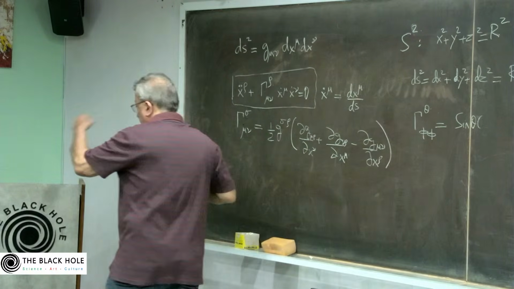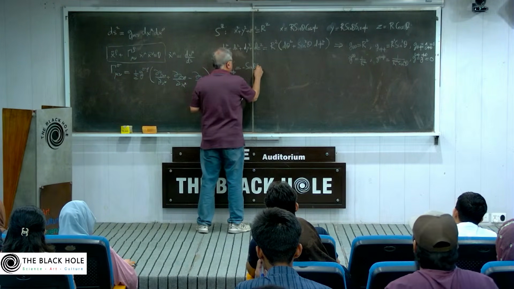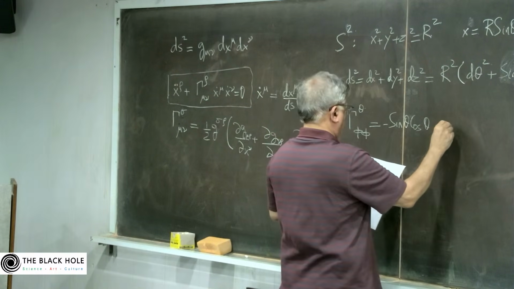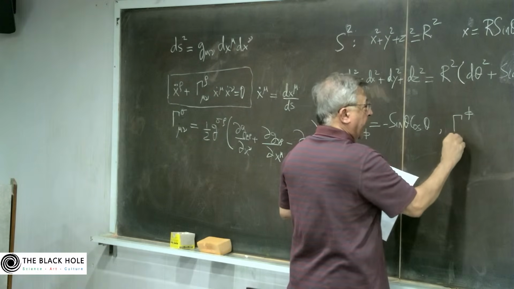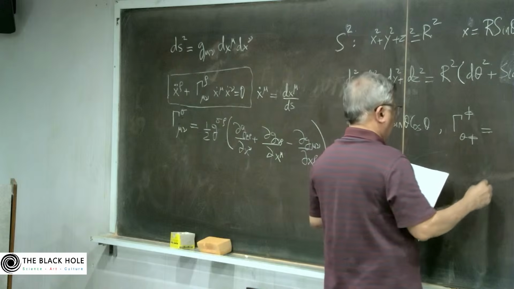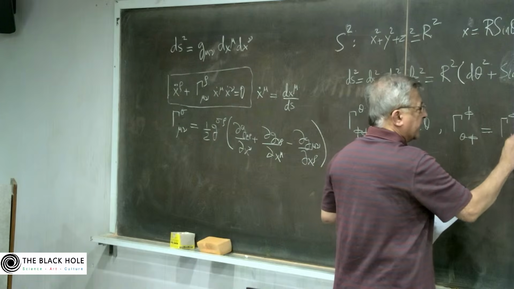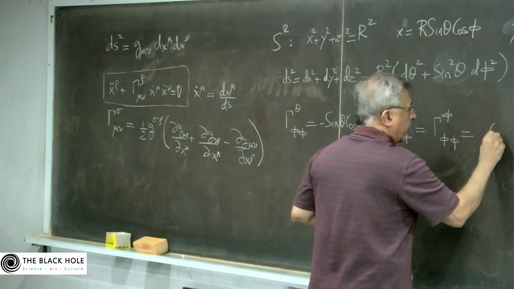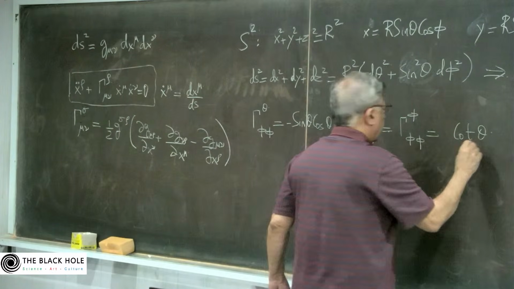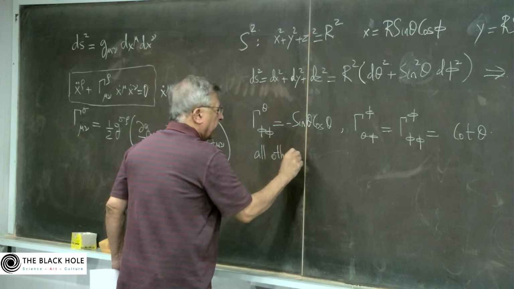I calculated this yesterday: minus sine theta cos theta, and there will be phi theta phi, and that's because it's symmetric. That's also the same as this, and this will be cot theta, and all the other 0. All others 0.